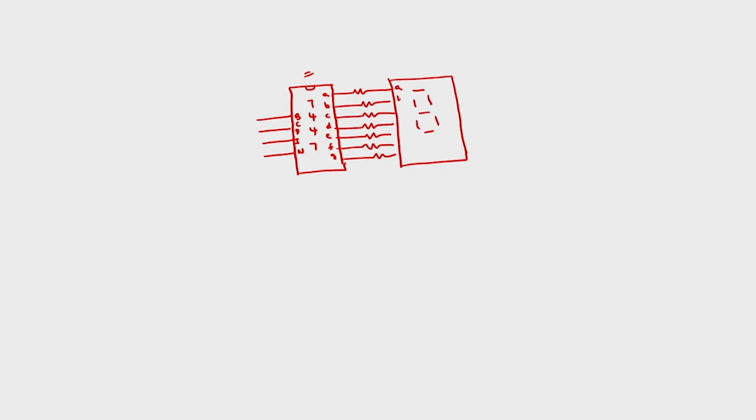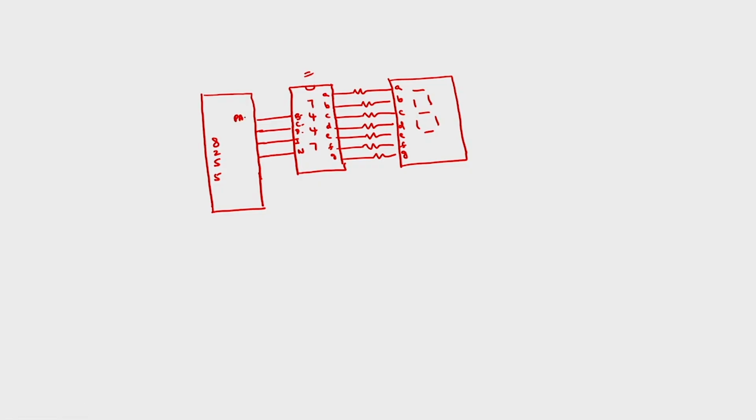This is A to A, B to B, C to C, D to D, E to E, F to F, G to G. Now, this requires only 4 BCD inputs. So, this BCD I am going to give through the 8255. Instead of using a complete port, now we can use only 4 pins of any port.